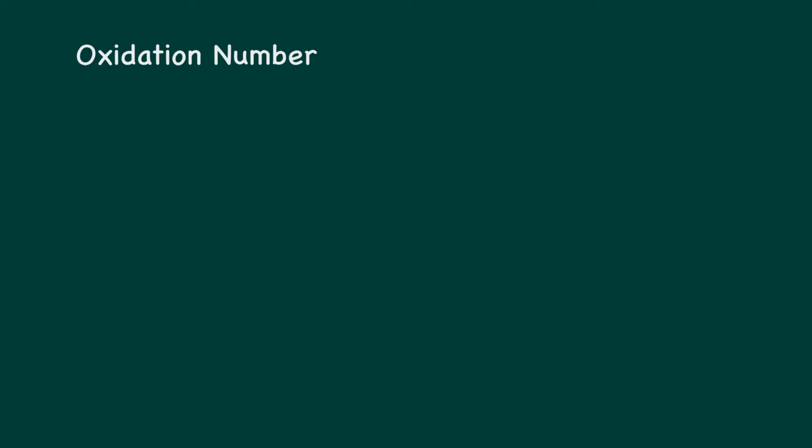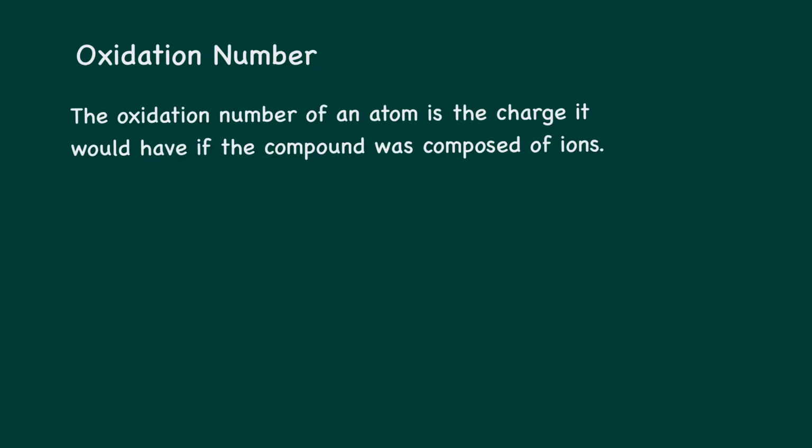So before we deep dive into the process of writing the formulas of ionic compounds, there is a very important concept we need to learn, and that is called oxidation numbers. So let's define an oxidation number. So here's the definition, and as you must have expected, there are elaborate rules on how to assign oxidation numbers to specific atoms.